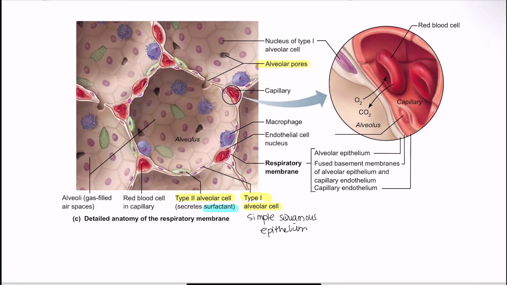The other cell type that we have here are macrophages. Macrophages help get rid of bacteria and dust because we breathe in lots of dust and germs and things. The type 2 cells also release antimicrobial proteins.